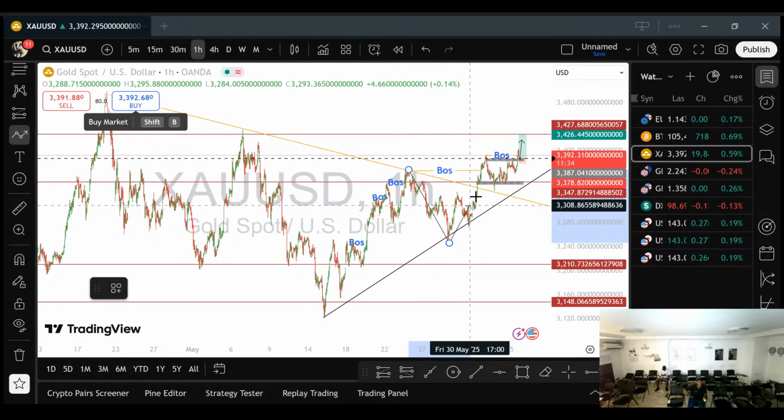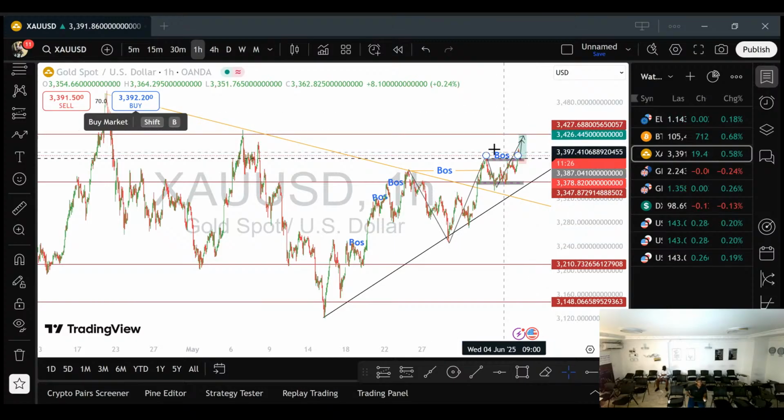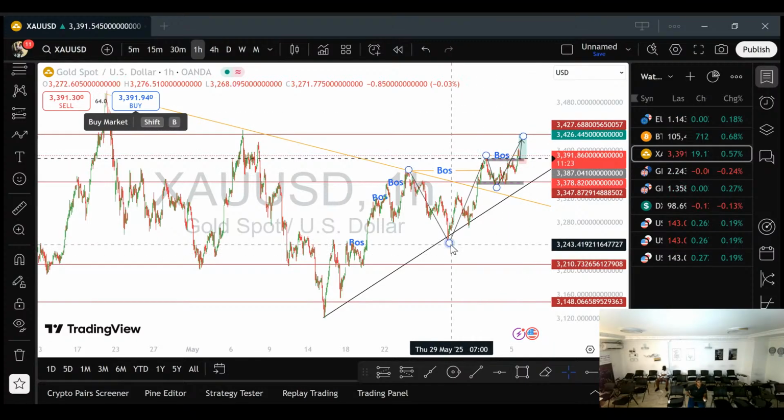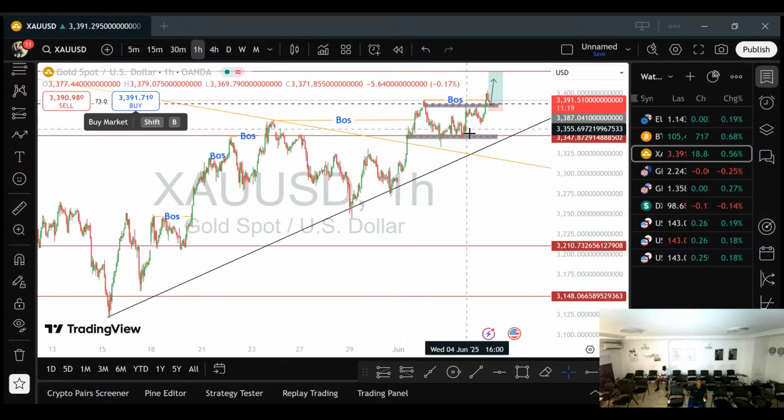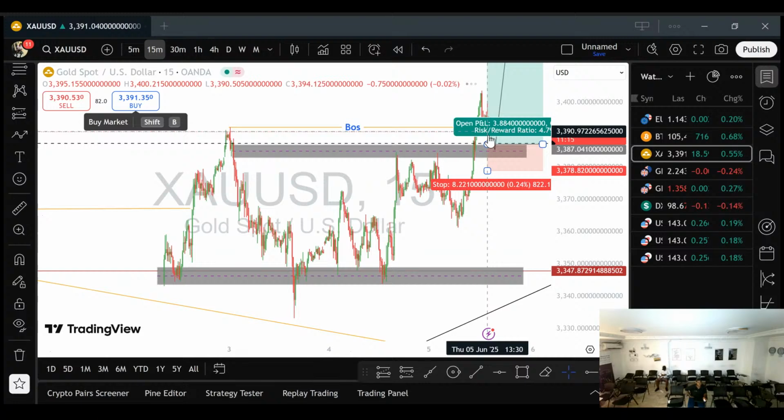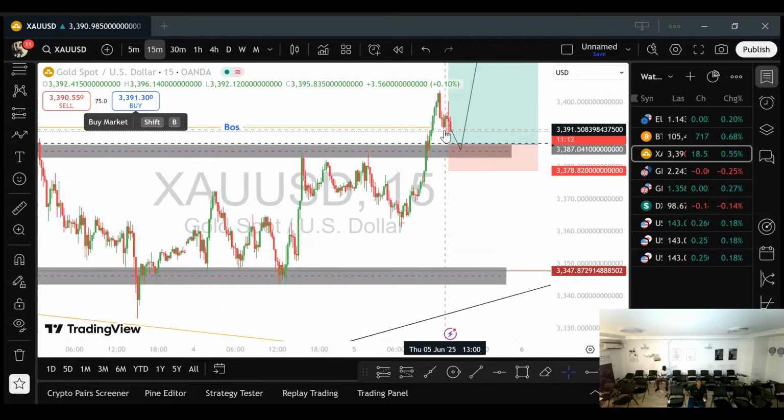But then it came and broke this trend line, we tested it, and it is still buying. So that's what we're looking for, buy opportunities at this level. And overall, this market has been bullish. So now we went down to the 15 minutes to have our entry. And the market is coming down, so we're ready to buy.